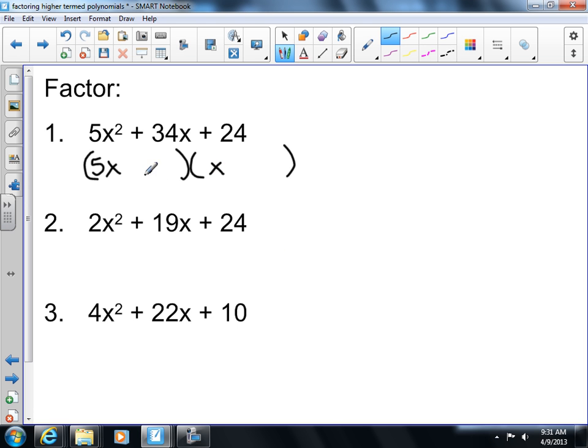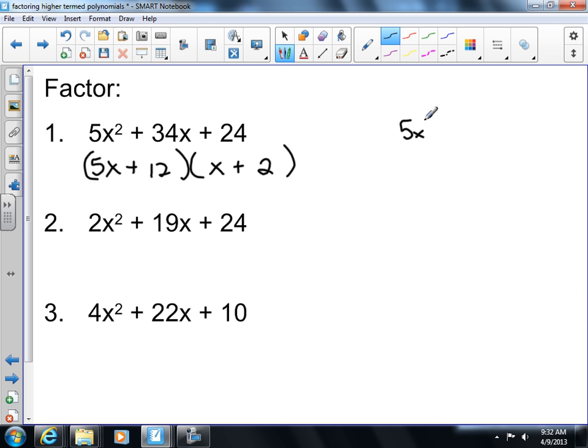Now we're looking at 2 terms that multiply together to get 24. What do you want to try? Okay, let's try 12 and 2. Because this is a positive here, we are going to be putting those in as positive numbers. Now we're going to try FOIL, and we're just going to work it out and try it.